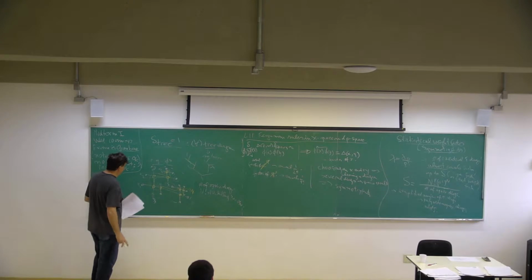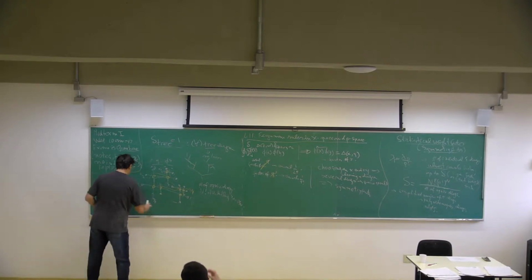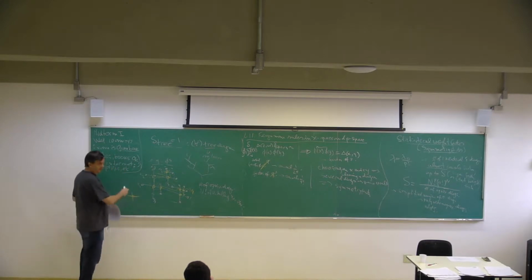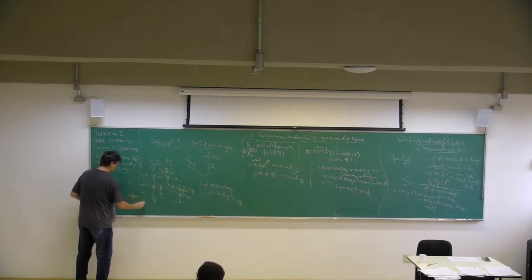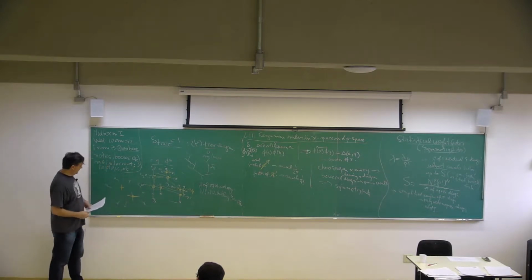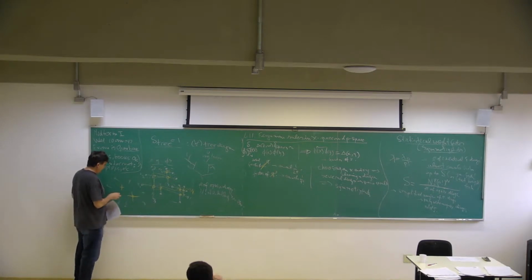But then, for each one of these, I remember what I do. When I draw the diagram, as you remember, I first write these external points with a line sticking out of them, and then I write these internal points. And now, again, I have p factorial ways of connecting.